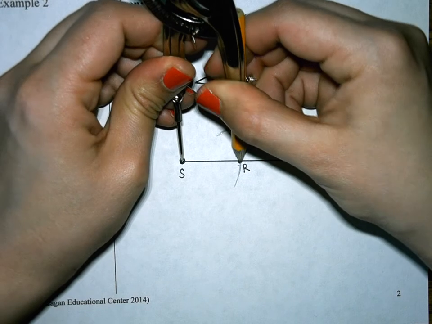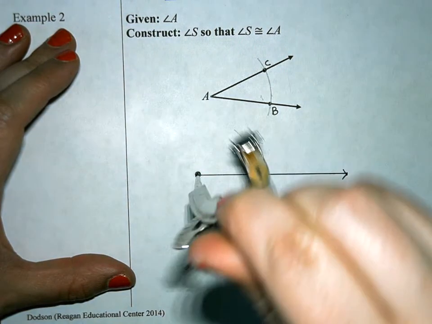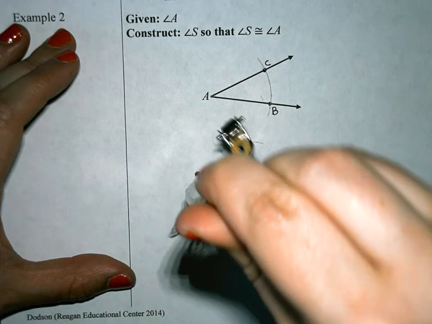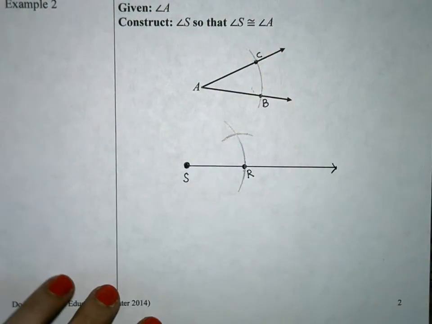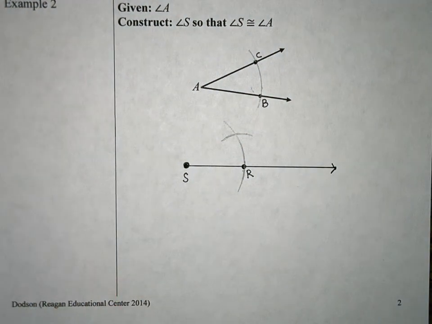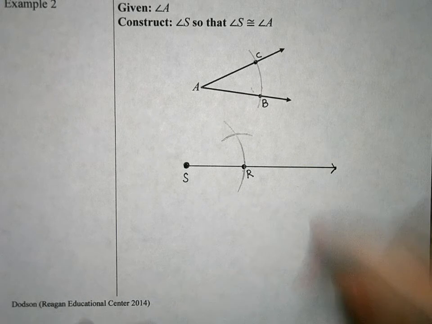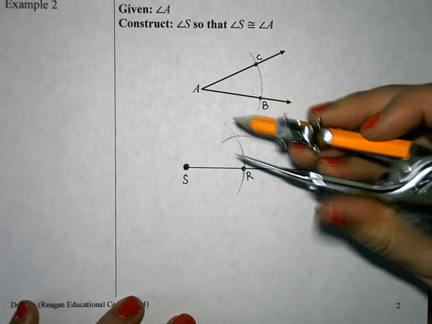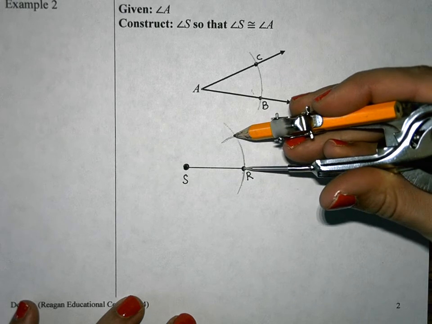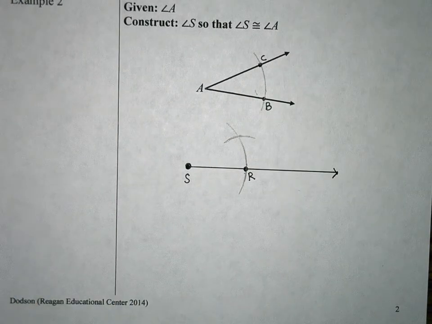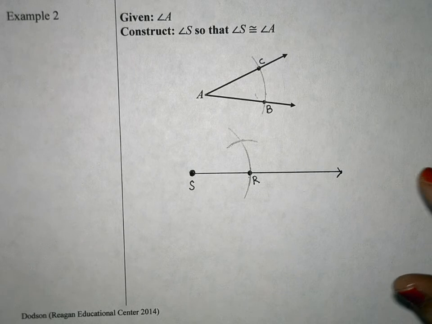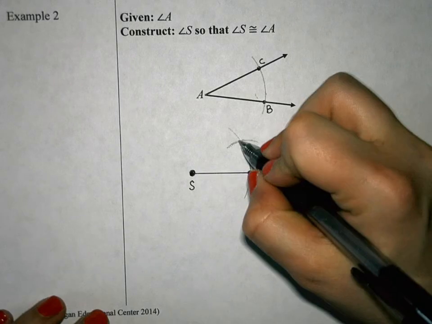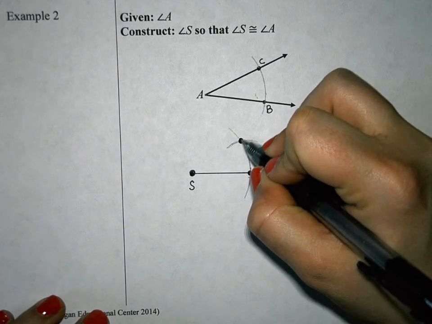So I'm going to continue it on so that they intersect. There we go. And now we have a point of intersection. So make sure that your arc is long enough the first time. And then when we make our second one, they should intersect. So we're going to call that intersection right here point T.